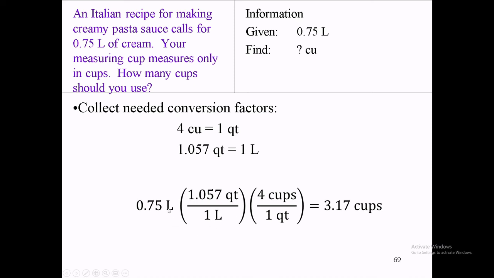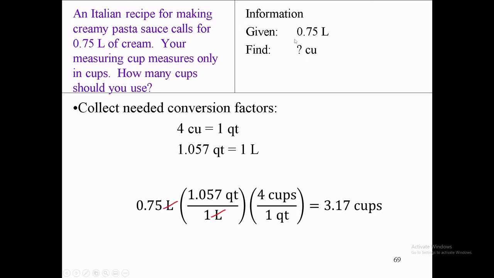Now when I divide liters by liters, because this number is essentially in the numerator here, every number is itself over 1, I'm going to cancel these liters, and I'm now in quarts.